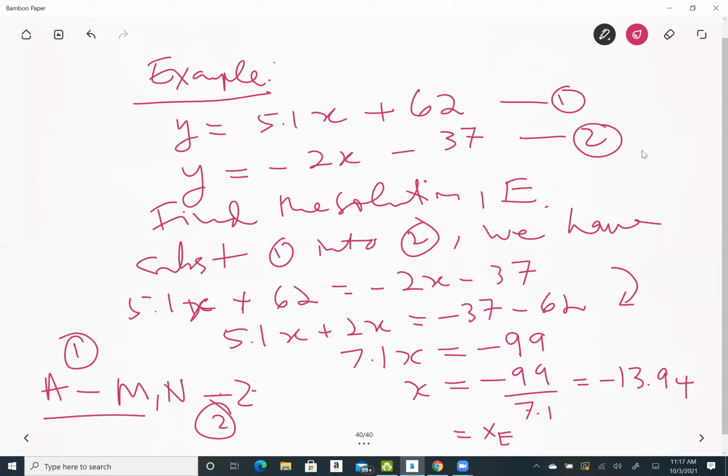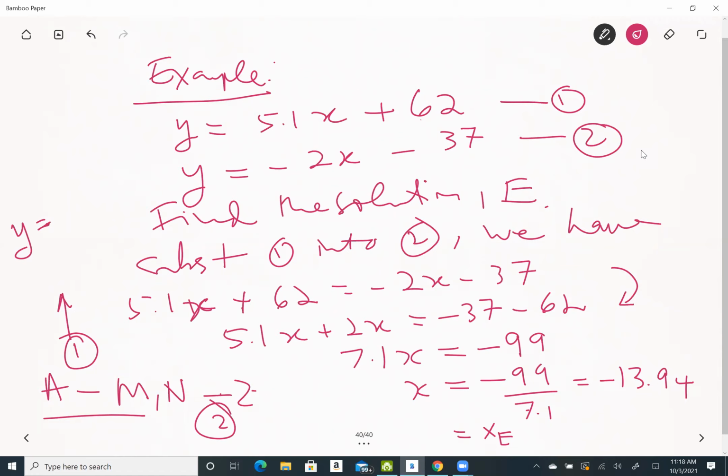I need at least 2 people to verify the answer. For those who substitute into number 1, what do you get for y? Not negative 7.7, it's wrong.